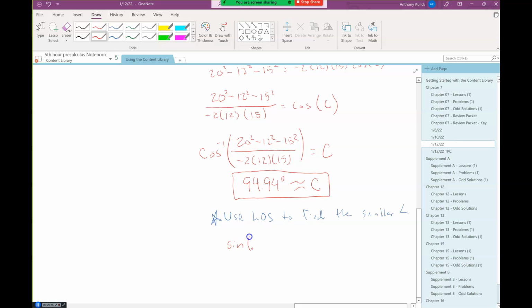So the trick here to remember is if you have the choice between some number of angles to solve for, if you're using the law of cosines, we find the bigger one first. If you're using the law of sines, you find the smaller one first. Everybody's cool?